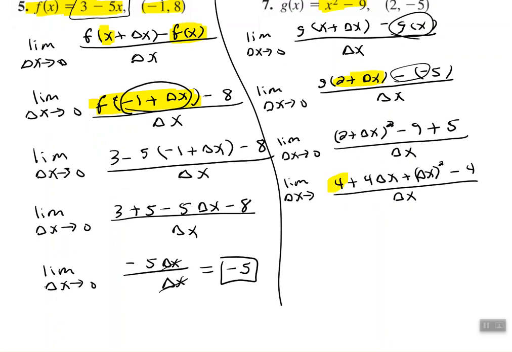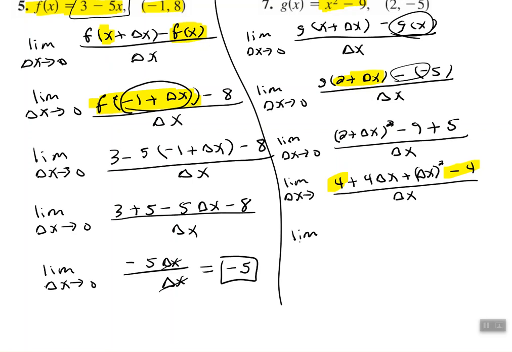Alrighty, so the 4 and the negative 4 will cancel out. And I can factor out a delta x from what's left. So let's see. So factor out a delta x.